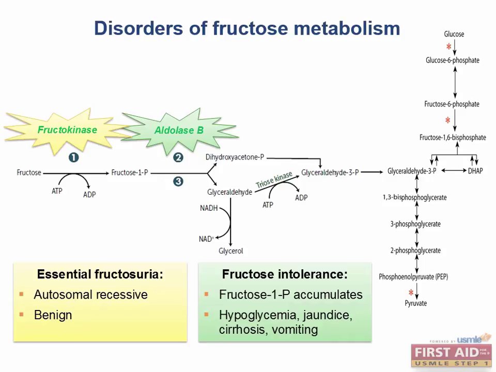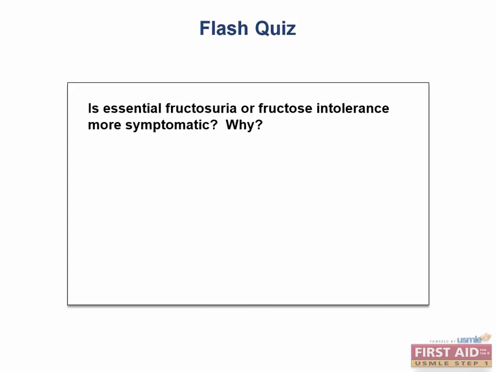So again, the urine dipstick will turn up as negative. In addition to hypoglycemia, patients might also have jaundice, cirrhosis, and vomiting due to the toxic accumulation of fructose 1-phosphate in the liver. The treatment for this is to not eat fructose or sucrose, since sucrose is a disaccharide composed of fructose and glucose. In general, disorders of galactose metabolism, which we'll discuss next, are more serious.